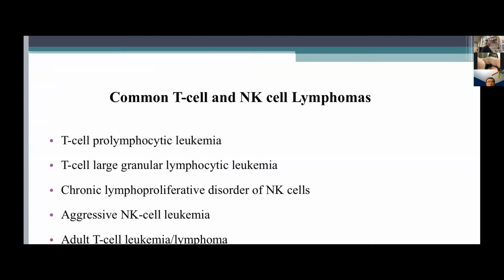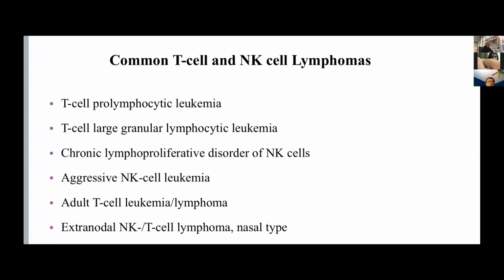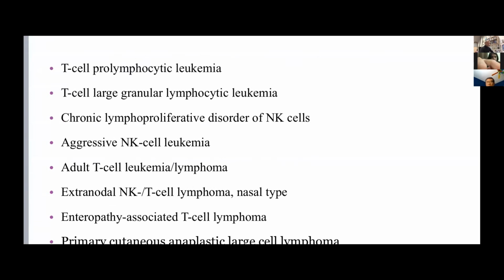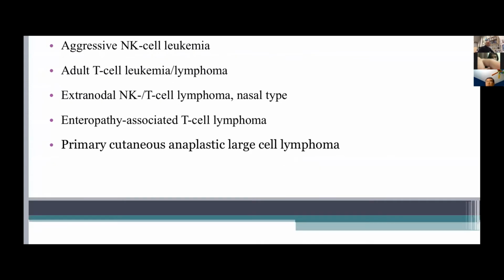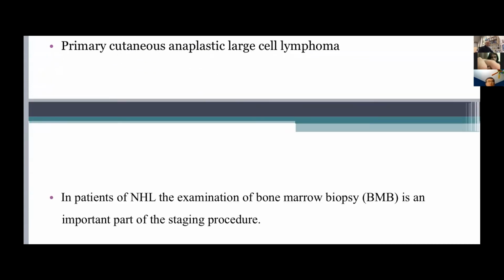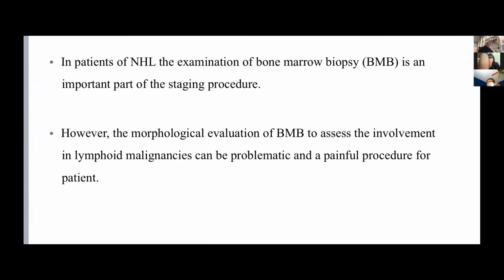These are T cell prolymphocytic leukemia, large granular lymphocytic leukemia, CLPDs of NK cells, and others that you can see in the updated 2016 WHO classification for non-Hodgkin lymphomas. I'll not go into detail about the classification.